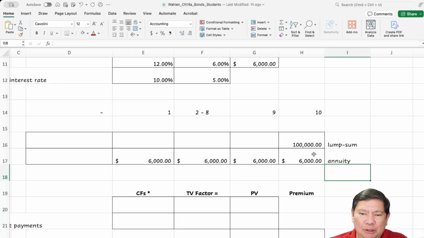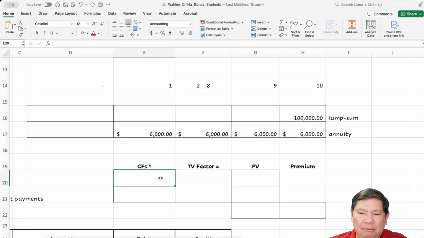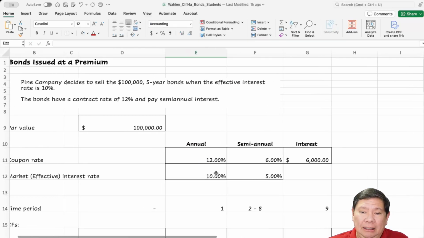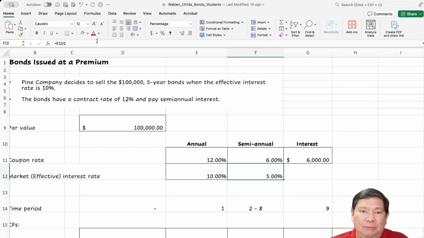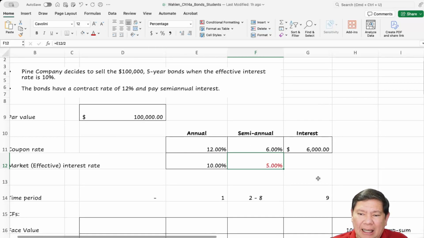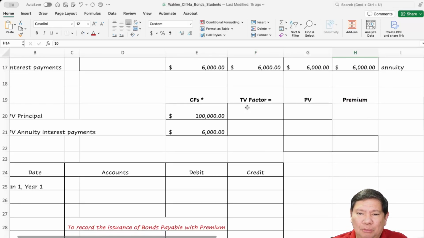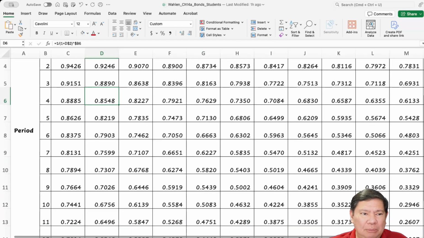Because there are two types, we have to use two different tables, one for the lump sum 100,000 and the second one for the $6,000 interest. So we are going to look at 5% discount rate for 10 periods. For the lump sum amount, we are going to use the present value table.